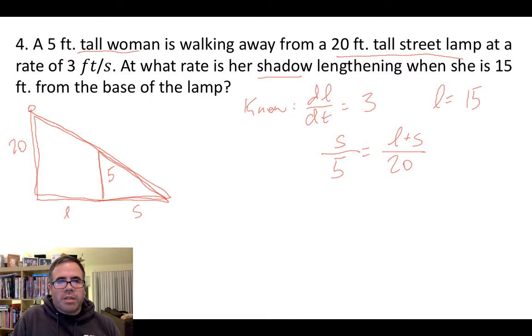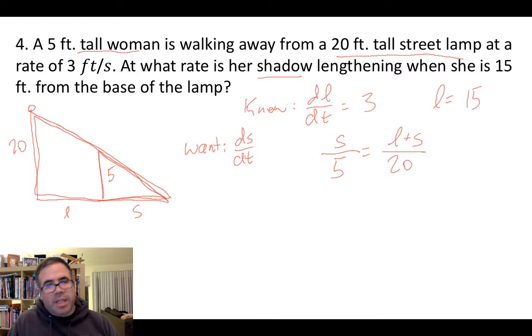And then we want ds/dt. Now, we could take the derivative of both sides of this implicitly right now. I'm going to do a little bit of algebra because it's going to make it a lot nicer.